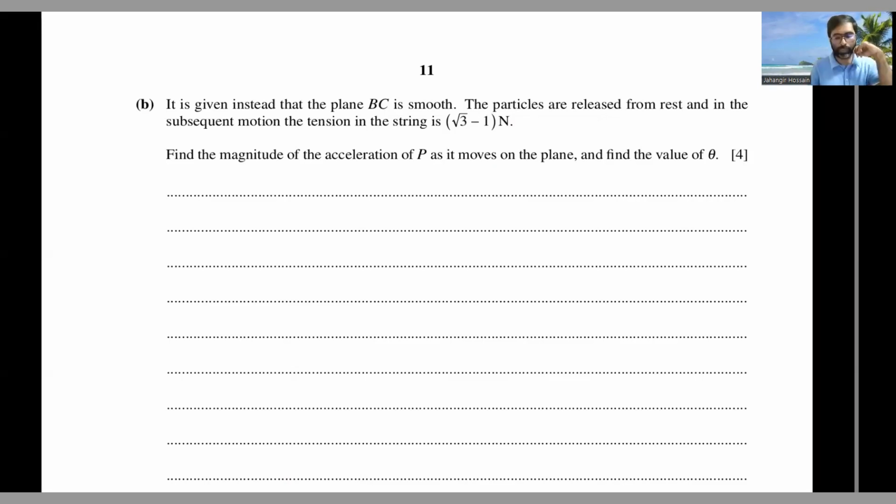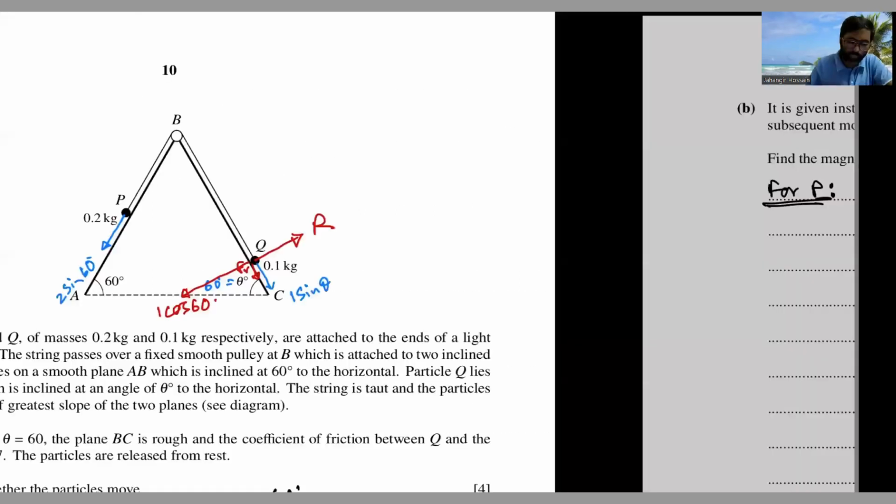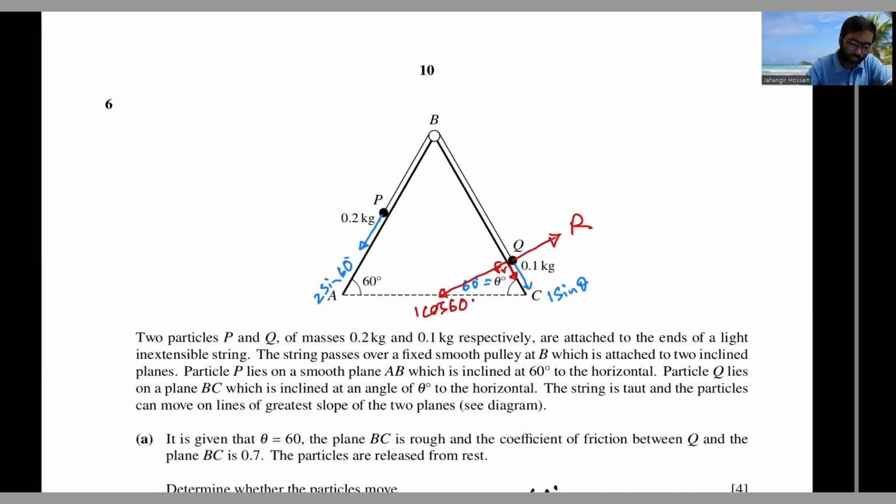If both planes are smooth, then for P we have component of weight minus tension equal to mass times acceleration.